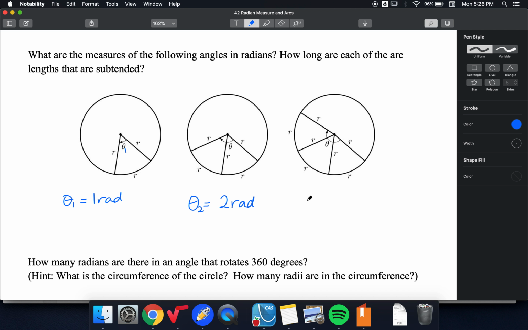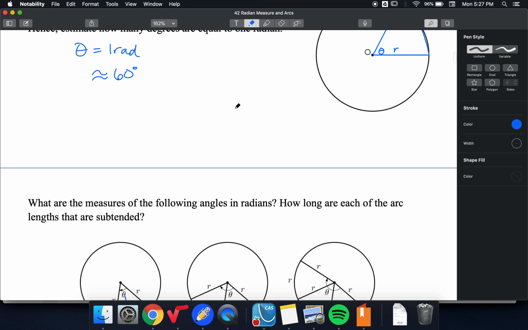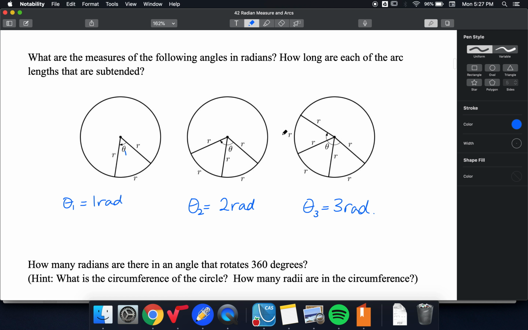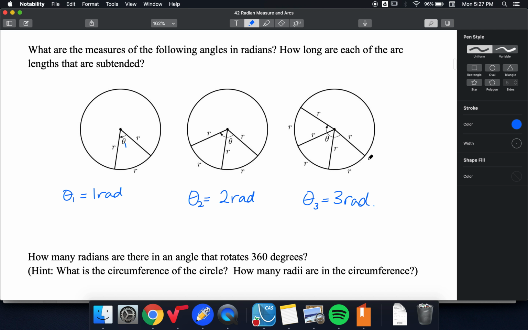Theta 3 is 3 radians. And you get the picture. Well, it looks like 3 radians is about half of the circle. It's about 180 degrees, so that makes my prediction of it being about 60 look pretty good. But let's keep thinking about what we know about a circle.